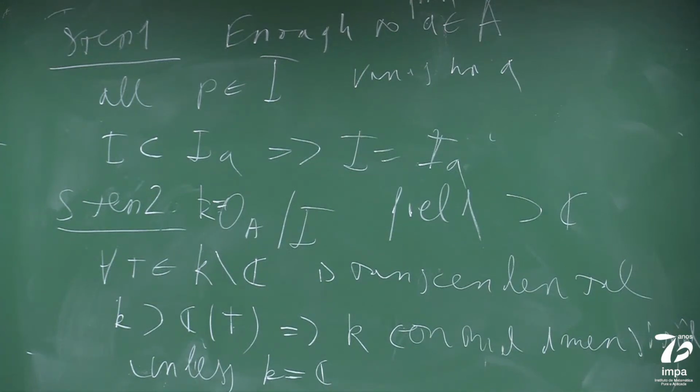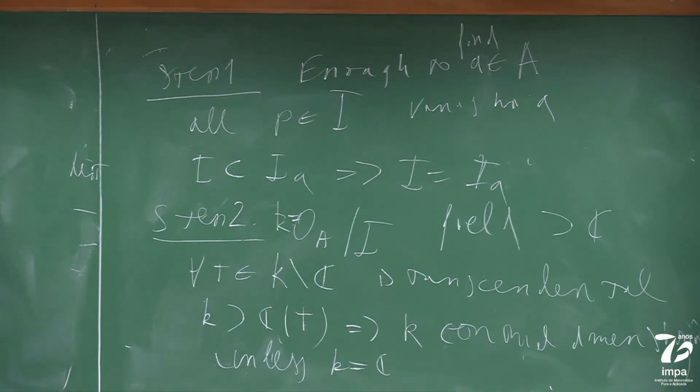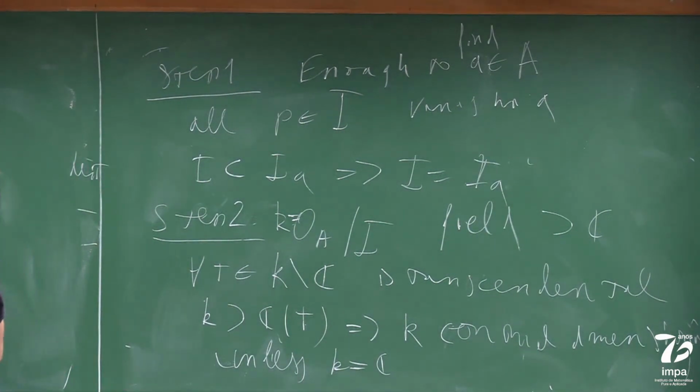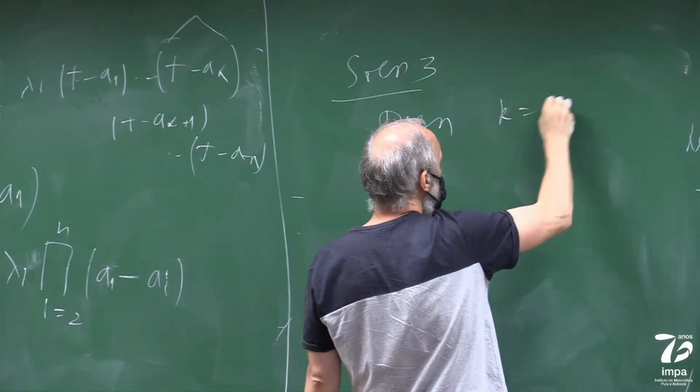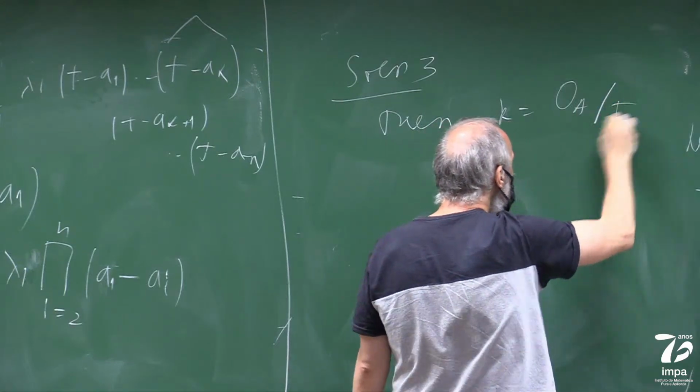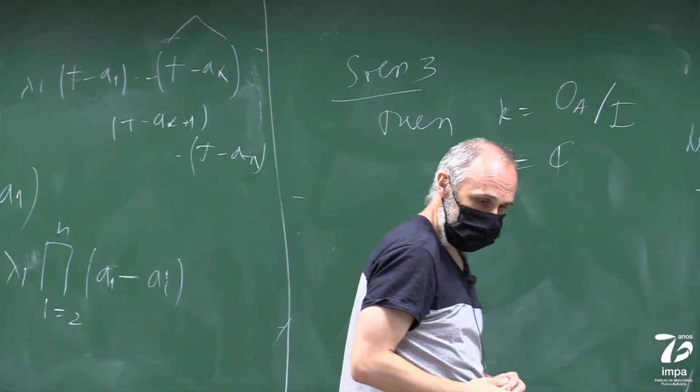So this implies step 3, then K, which is again O_A by I, is equal to C.